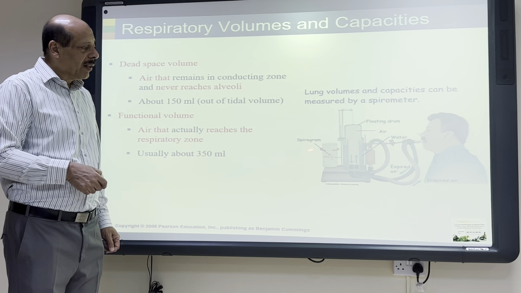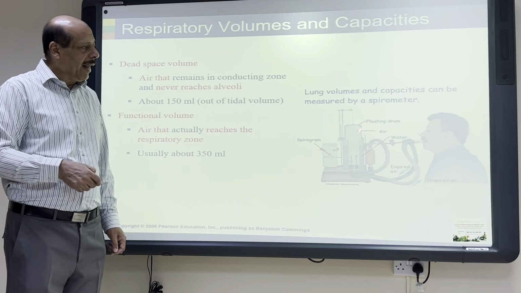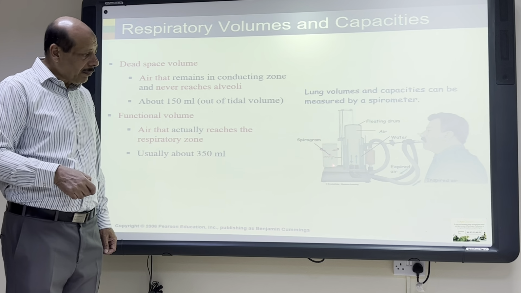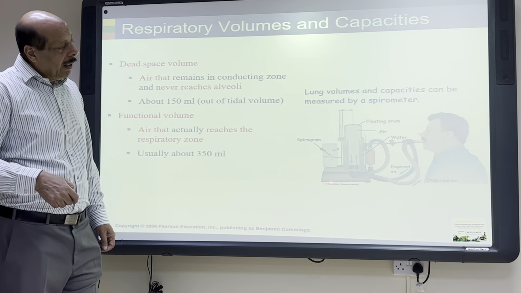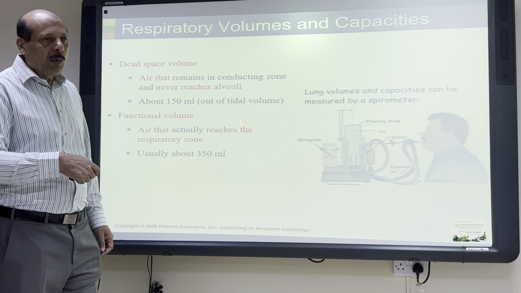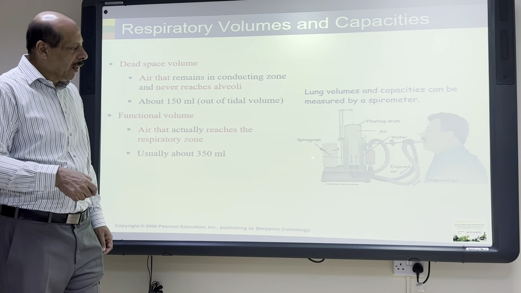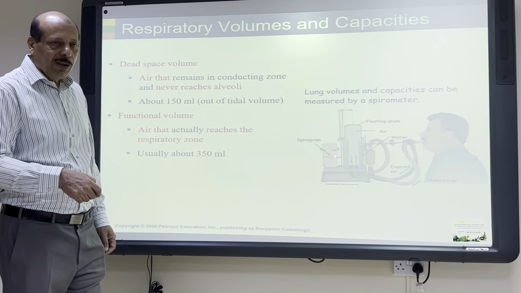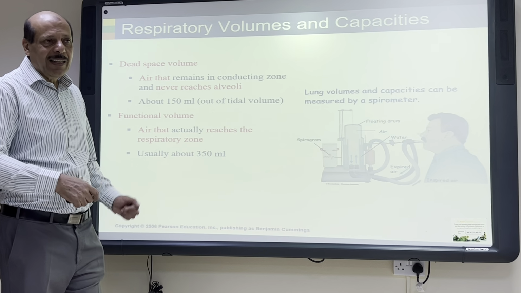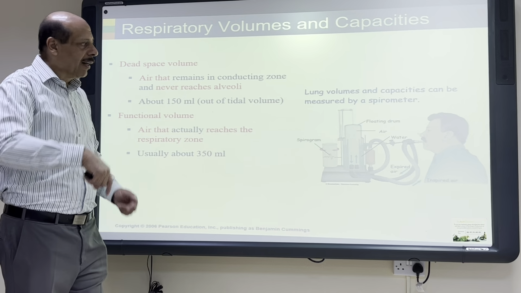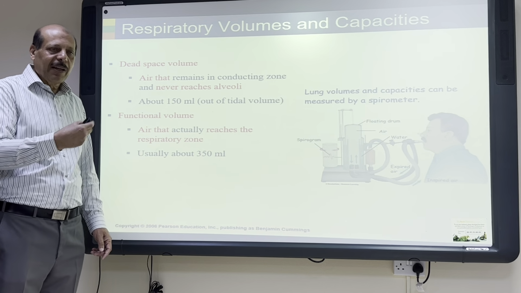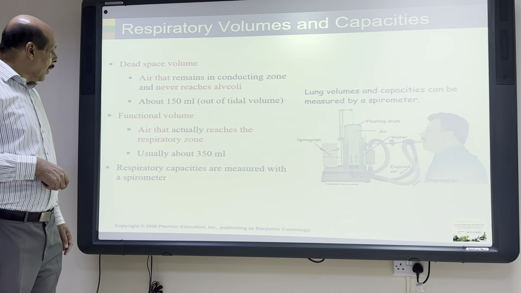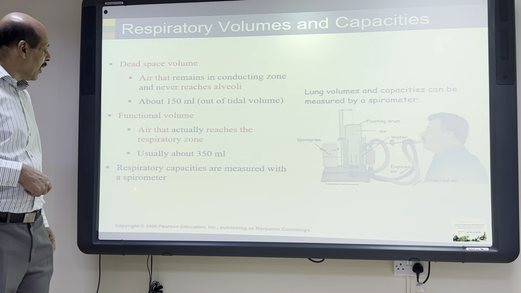This is a spirometer that measures the amount of air in and out, and the expiratory volume, and all that we discussed previously. It will give a diagram like an ECG, showing or measuring the amount of air that is coming in and out. So respiratory capacities are measured with the spirometer.